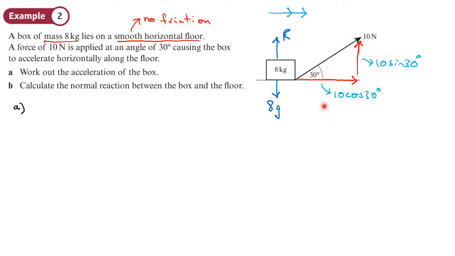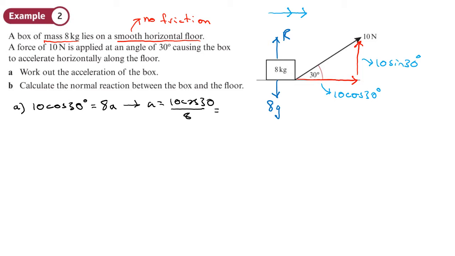Okay, is there any force going to the left? No. So actually, using F equals ma, the resultant force is just 10 cos 30, and that equals ma, so 8a. So that means the acceleration is 10 cos 30 divided by 8.